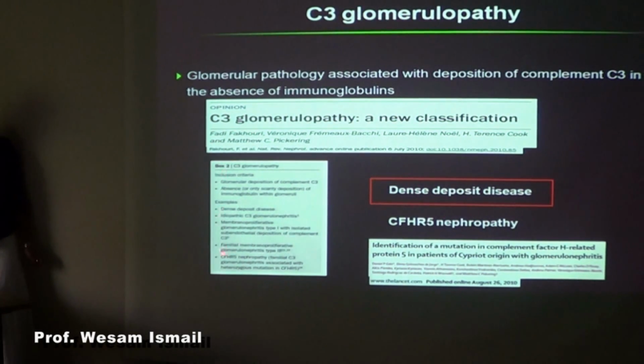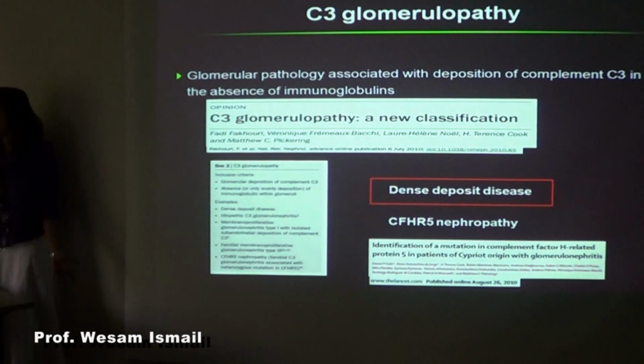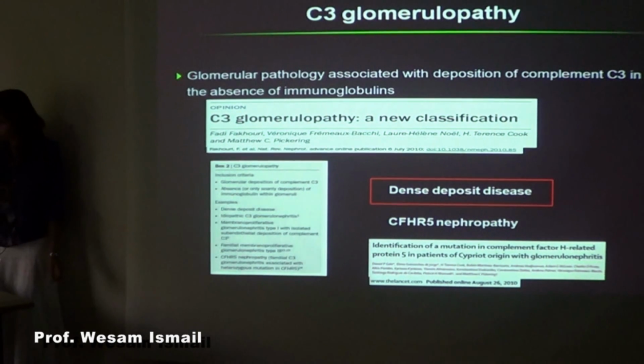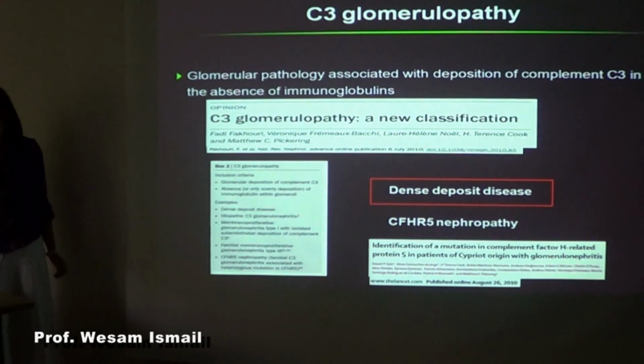The other spectrum of the C3 glomerulopathies is the case which Dr. Hussein just showed us, which presented as an acute post-infectious glomerulonephritis, and when it persisted, they found that the C3 stayed persistent, and this is why it was termed C3 glomerulopathy. So you see, this is C3 glomerulopathy in the new classification. This is the group of patients I was talking about, the Terry group discovered. They found them on an island, and these patients have a deficiency of the complement factor H-related number 5 protein.